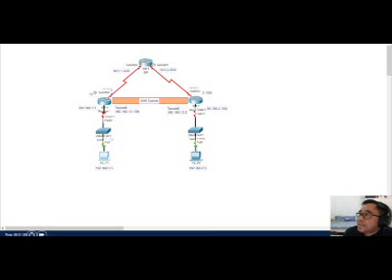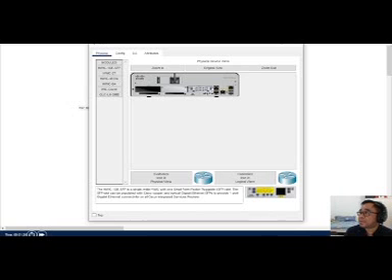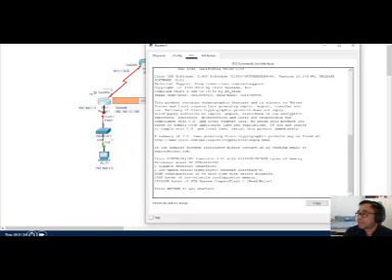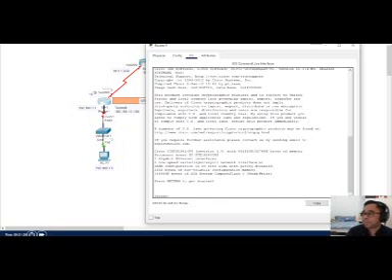Okay, let's try to ping this first. Now the ports are functional. We need to configure, so we start with Router 1. Router 1, we have the ports here, CLI. Okay, Router 1.